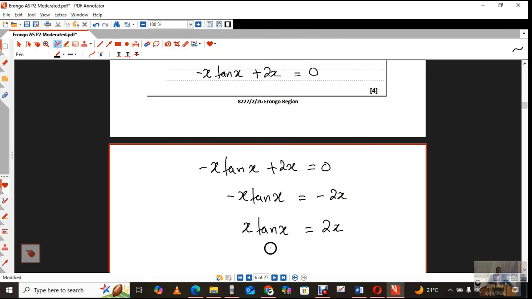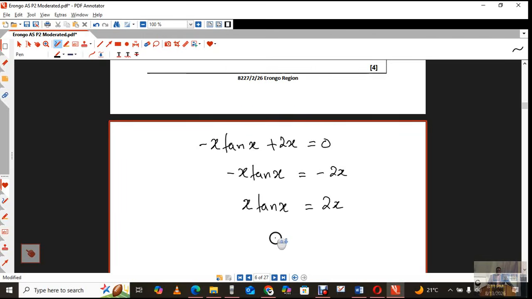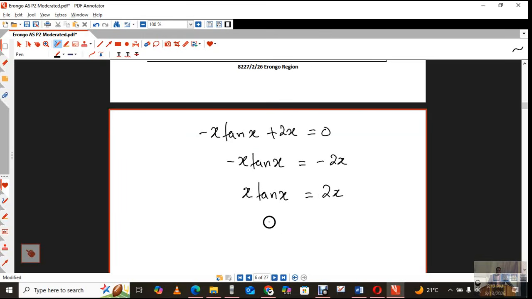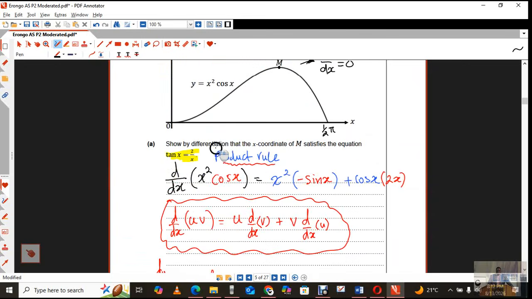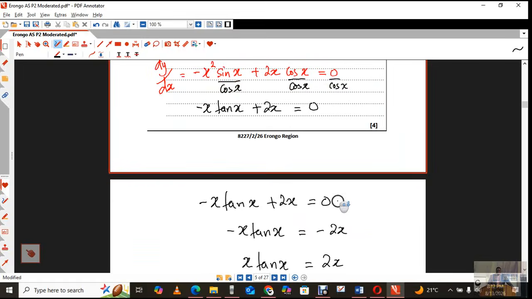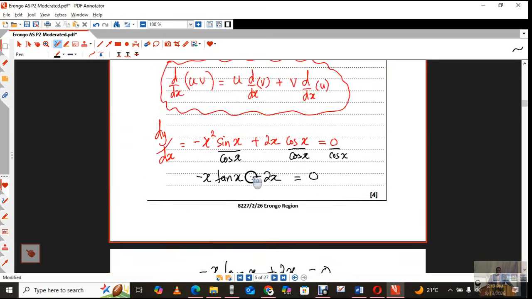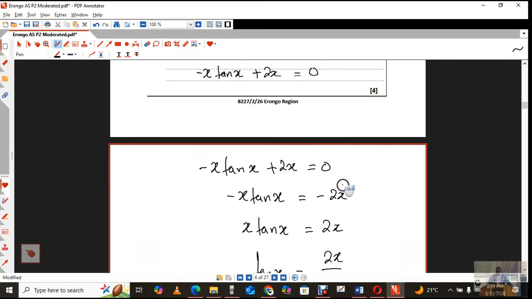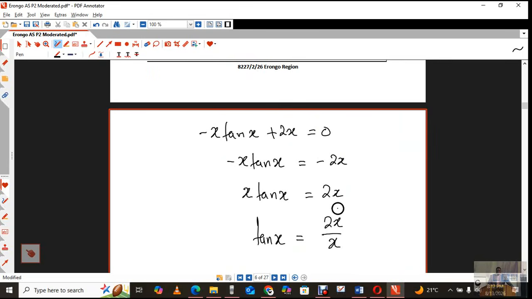Essentially, it's just positive. So at the end of the day, tan x is equal to 2x upon x. And I do believe there's a 2 there, so it's supposed to be 2x over x.